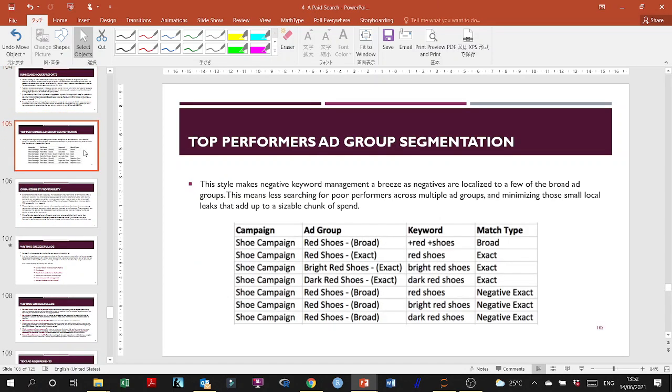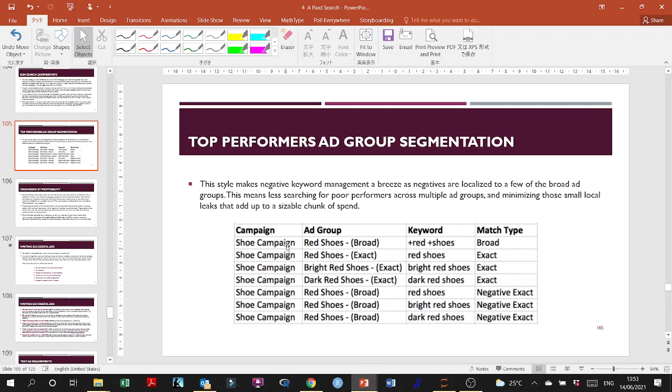All right, as you can see, you have red shoes broad, and it has all different broad keywords. Then you have the exact red shoes, and these are exact. But these are all negative keywords for the exact: red shoes negative exact, bright red shoes negative exact, dark red shoes negative exact.